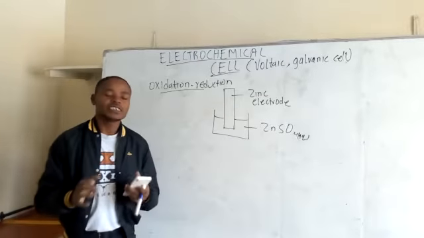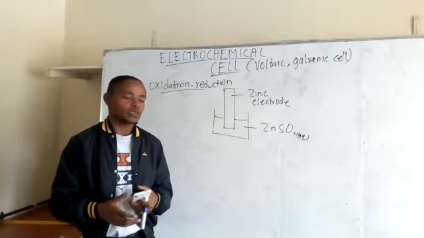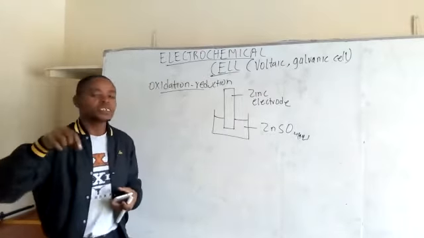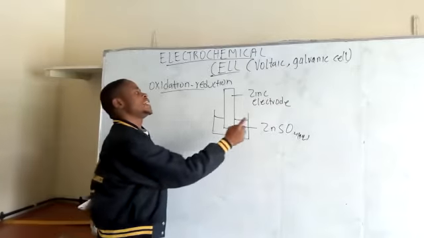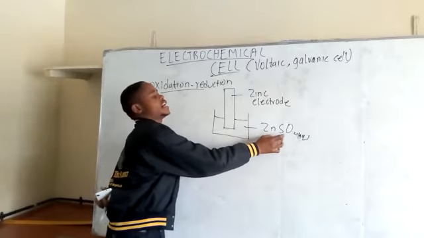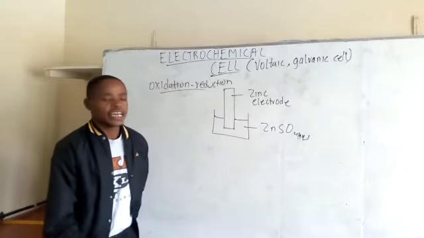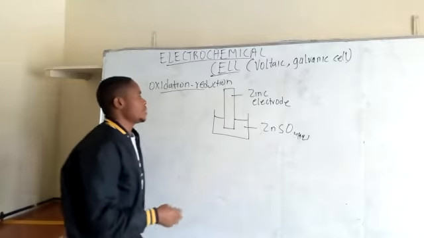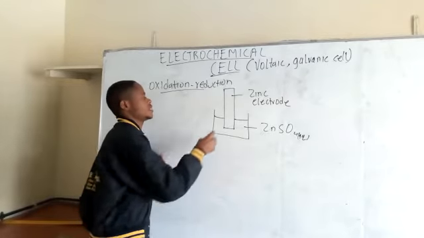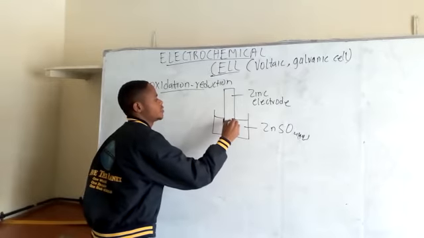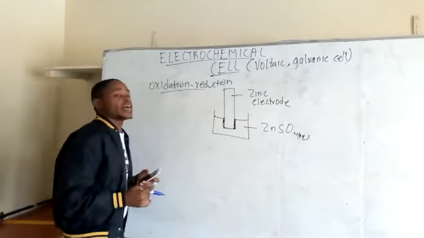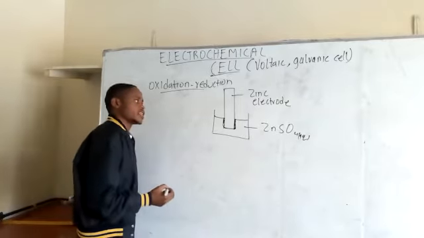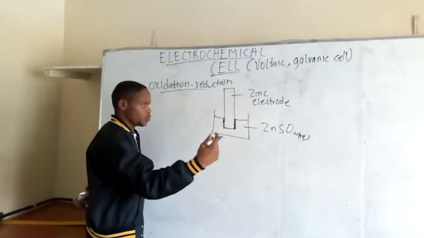So basically, if you pick a metal, for instance zinc metal, and dip it in a solution that contains zinc ions, for instance here I have a zinc sulfate solution, then the atoms on the metal surface which are in contact with the solution normally tend to lose electrons, and so they go into solution.